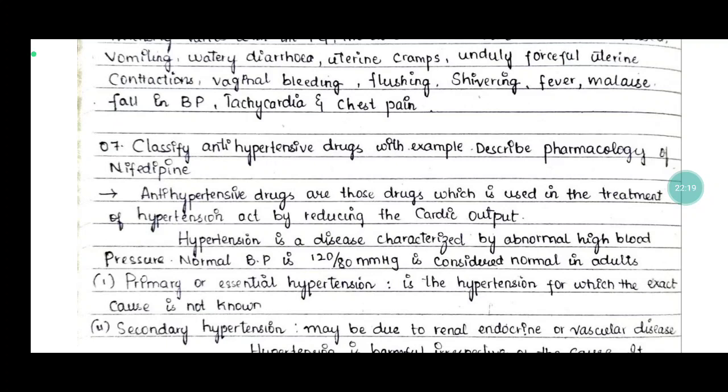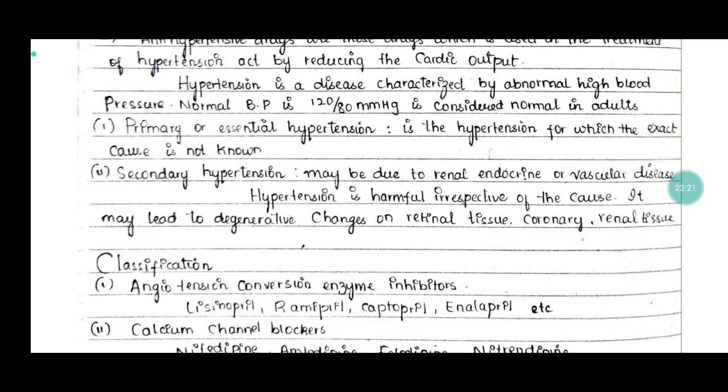There are two types: primary or essential hypertension, and secondary hypertension. Primary or essential hypertension is where the exact cause is not known, whereas secondary hypertension may be due to renal, endocrine or vascular disease.